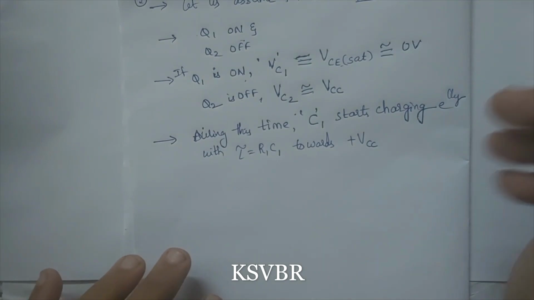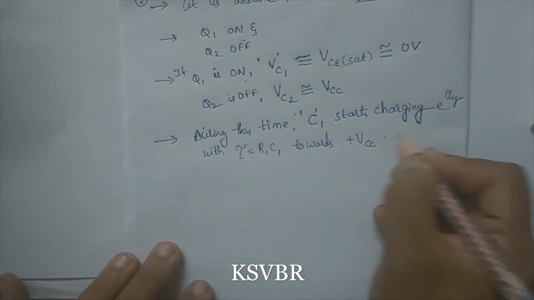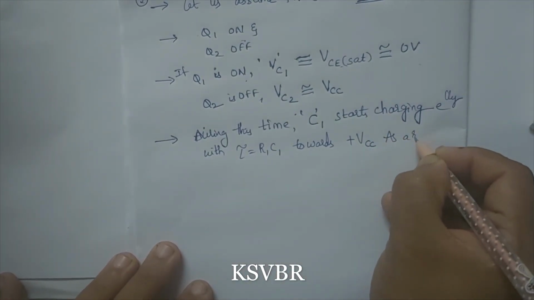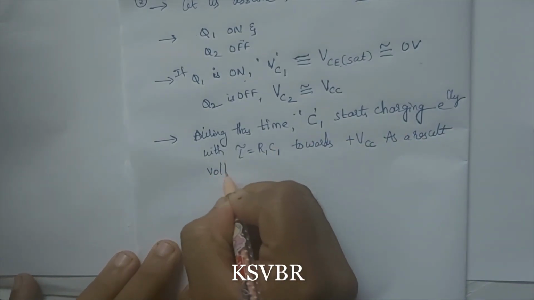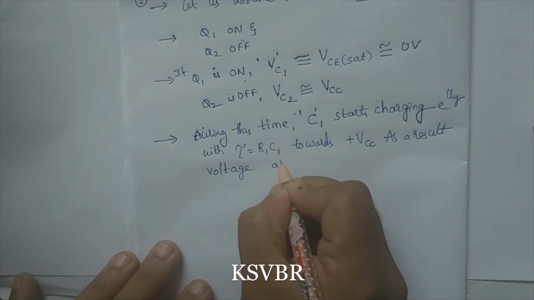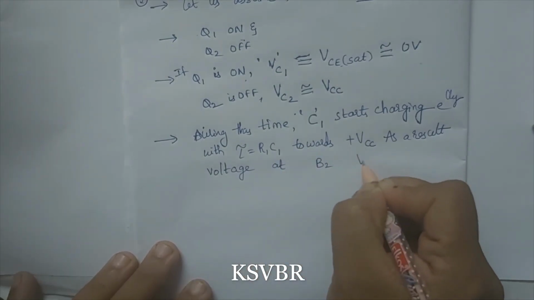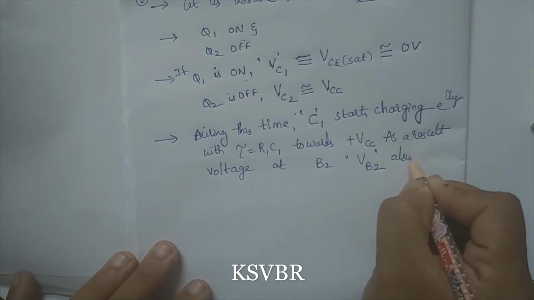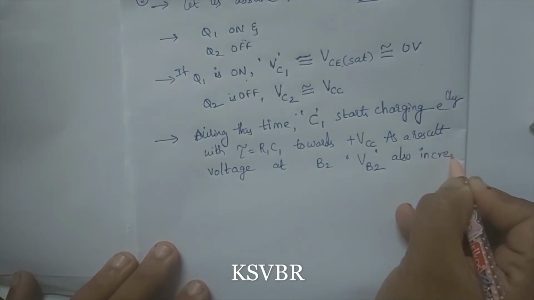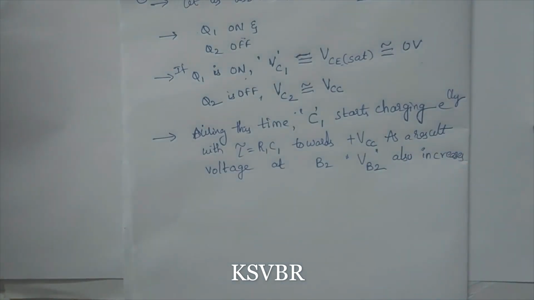As a result, the voltage at base 2, VB2, also increases towards plus VCC.